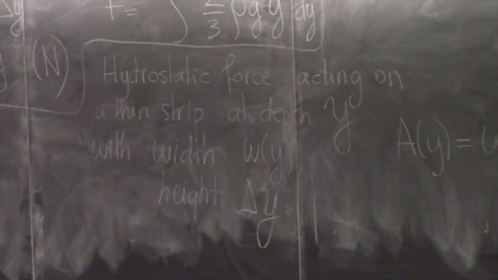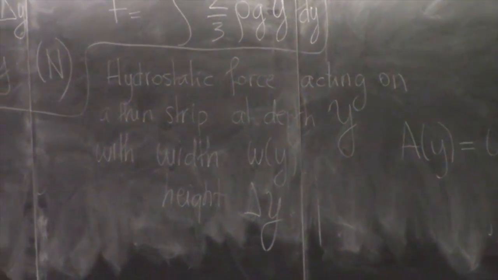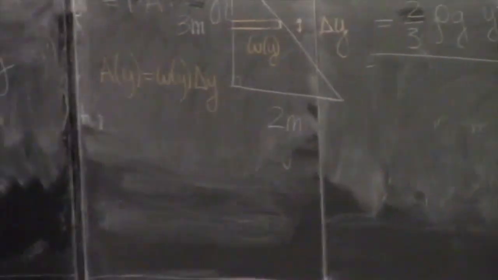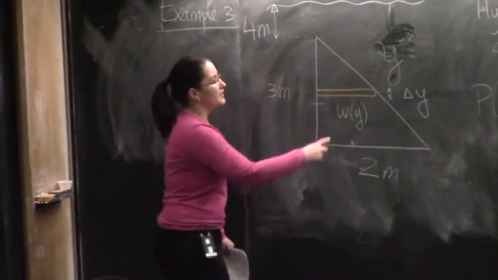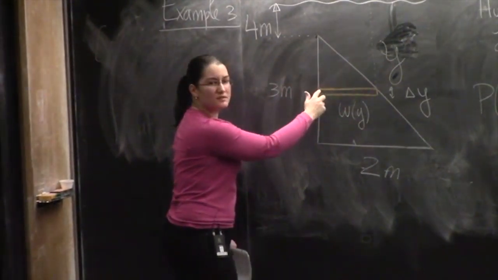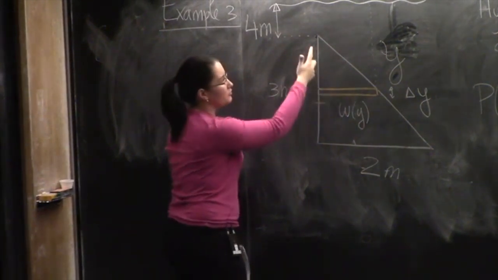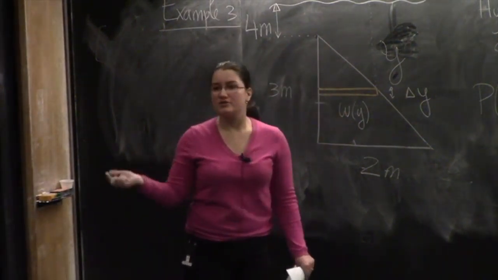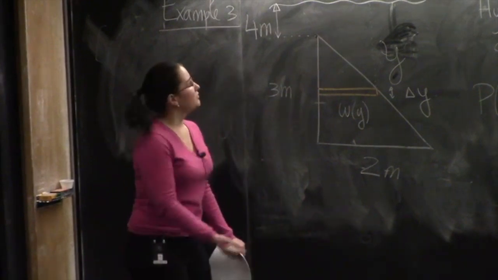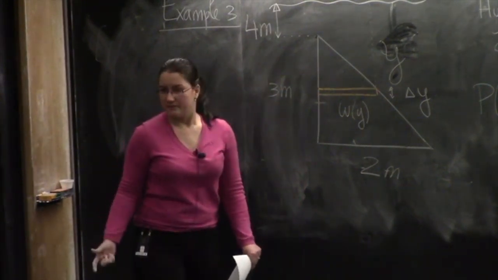So the only thing that changes now is the width w of y, because you see the triangle is submerged 4 meters down. Y no longer measures the distance of the side w of y from the top of the triangle. It measures the distance from the surface of the water.